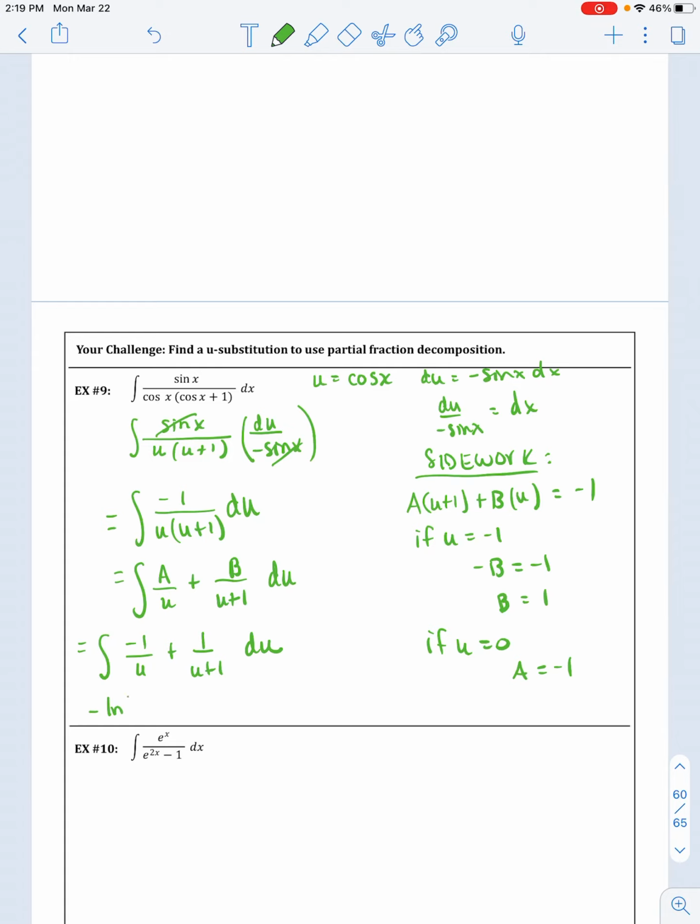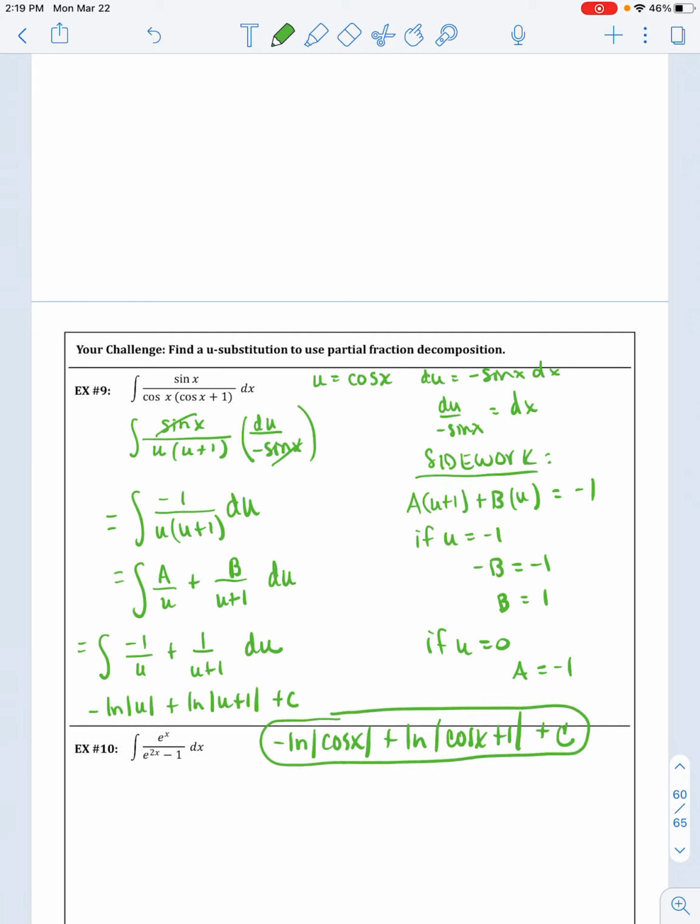So this is negative ln absolute value of u plus ln absolute value of u plus 1 plus c. And now let's put our u back in. And that's your answer.